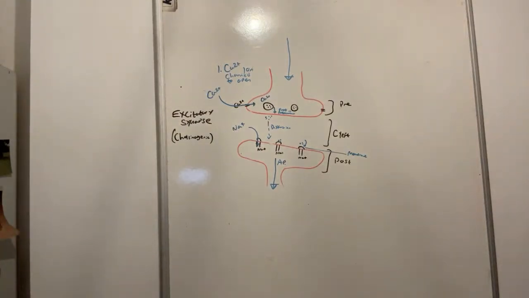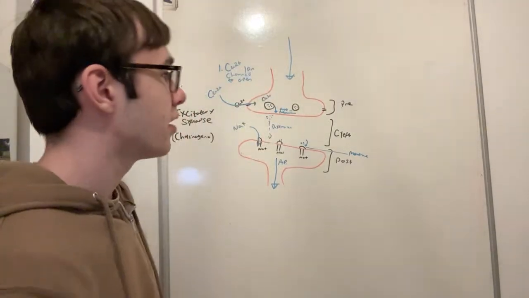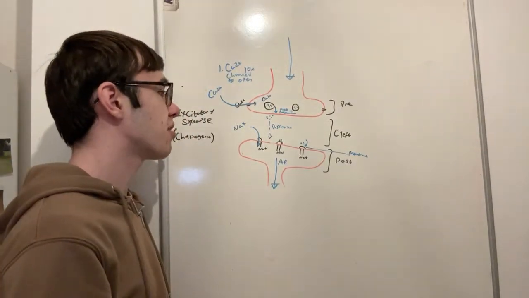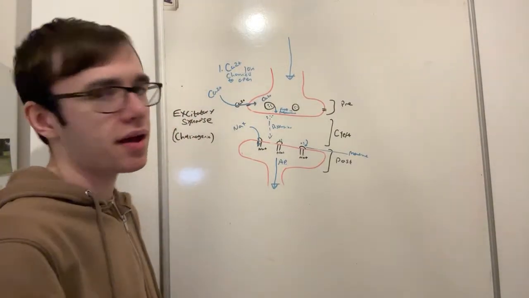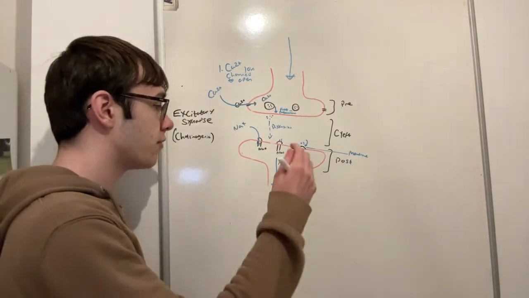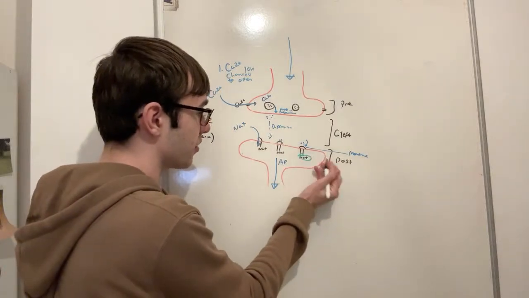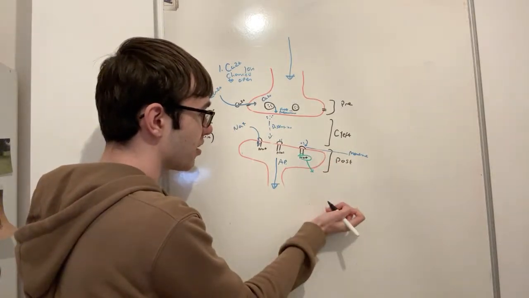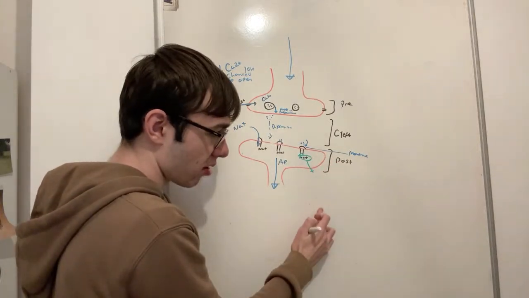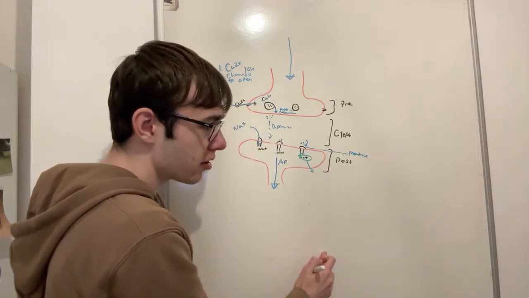So, it's rather simple, and the only difference between excitatory, and I'm just going to call it non-excitatory because I cannot pronounce that word, is that these sodium ion channels are instead going to be, is it chlorine or fluorine?